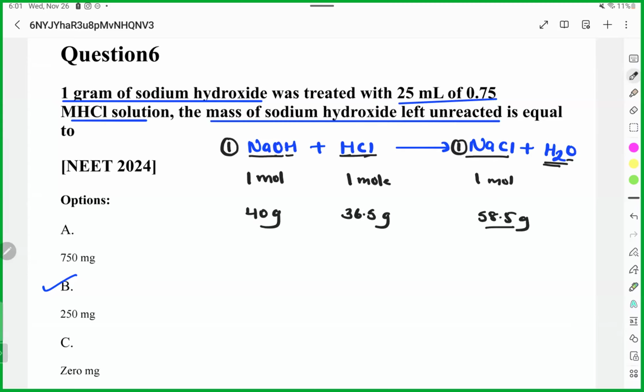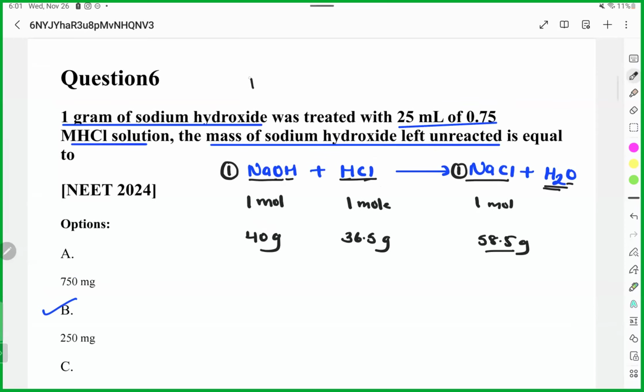Mass, gram. If you understood this, now you have to first calculate the amount of HCl. Molarity formula is given weight by molar mass times 1000 by volume in ml. What is the molarity? 0.75.